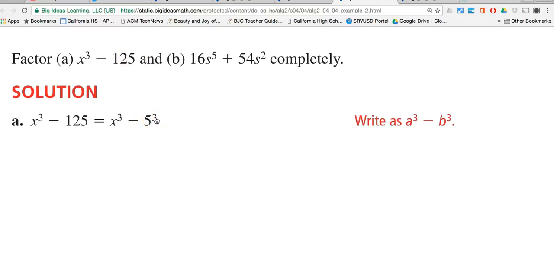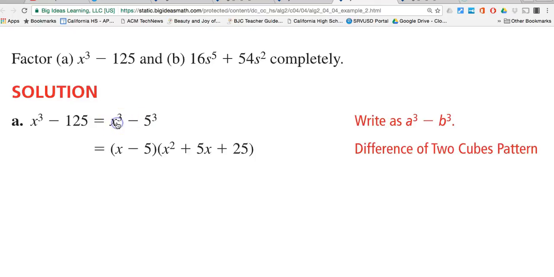So here we've got x is our a value and 5 is our b value. Now all this is just plugging in a and b for that formula for the difference of cubes. This is something you should memorize. It's just like the quadratic formula. You memorize this and just plug your a and b values in accordingly.